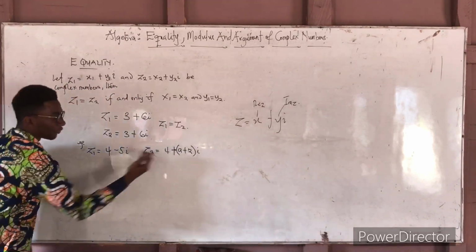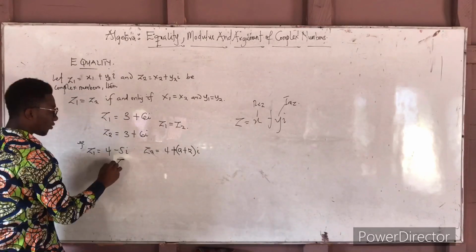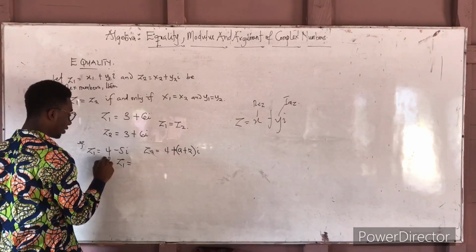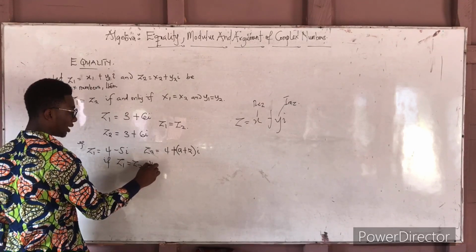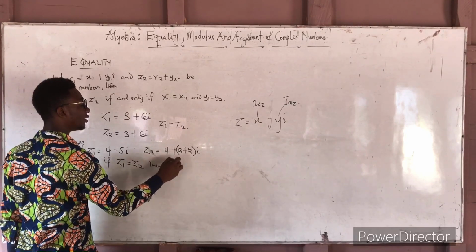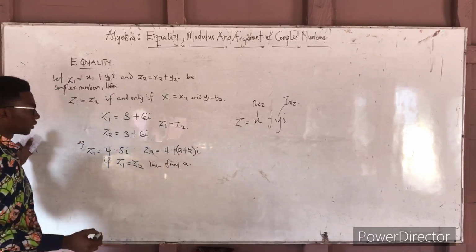So you have an example of such nature, and they ask you that if z1 is equal to z2, then you should find a.